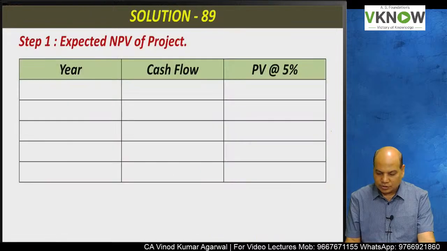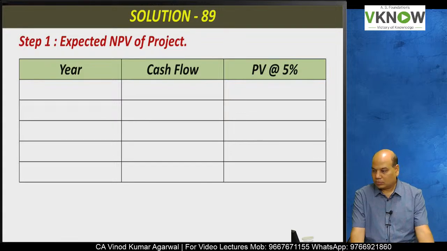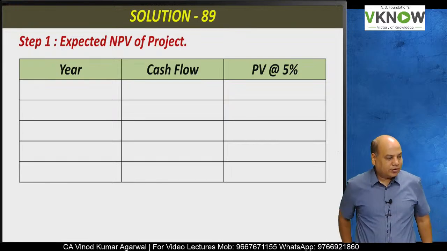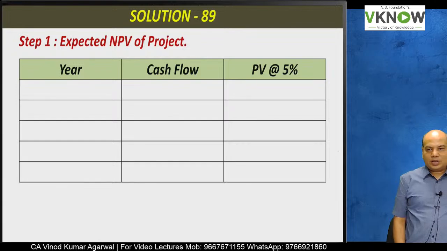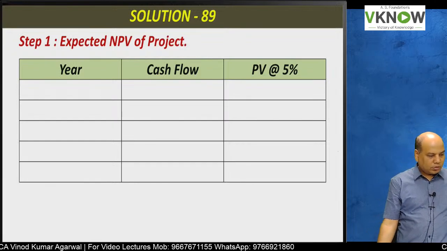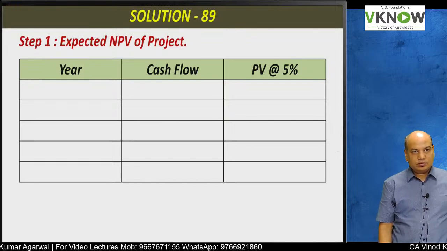So first answer first. Expected NPV of the project. Draw 3 columns. First column write year.